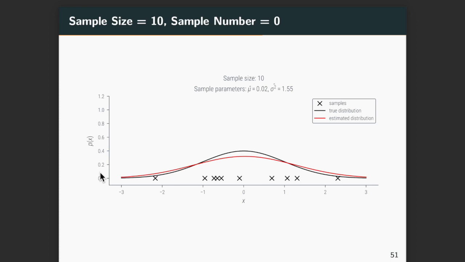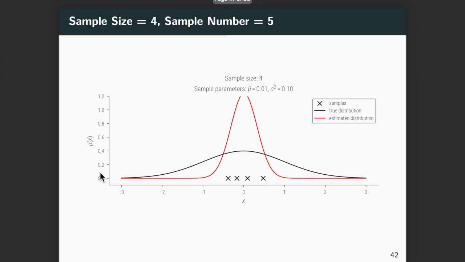If the spread of the data points is increasing, it means that sigma square is also increasing from this sample. Right? So the procedure again is that you're given a particular sample of 10 points. What is the sigma square from these 10 points? 1.55. But instead, if you were given these 3 points as your sample, then the sigma square is 0.12, right?